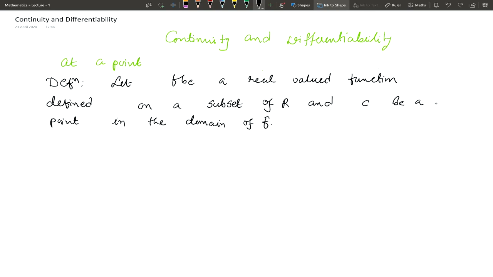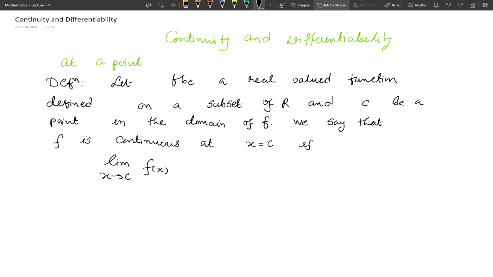We say that f is continuous at x equal to c if limit x tends to c f of x equal to f of c.